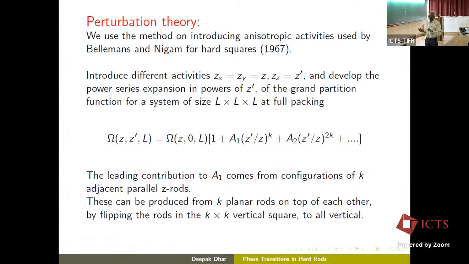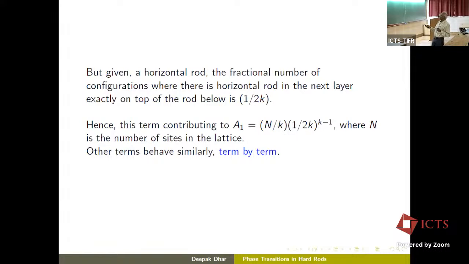So how often can I do this? How often can I find there is a rod, another one on top, another one on top, up to k? The answer is that the different layers are independent. So the probability that the second one will be just on top of this is 1 by 2k, and so it's 1 by 2k to the power k minus 1. So the contribution is 1 by k to the power k minus 1 by 2k to the power k minus 1.